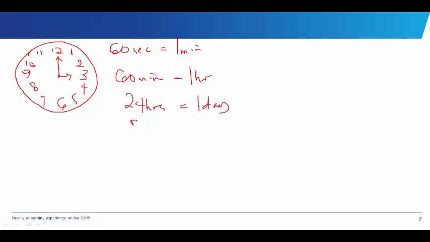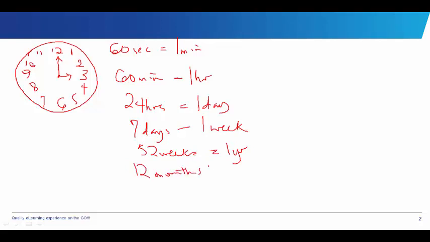So we'll now have that 7 days make 1 week, and 52 weeks will give us 1 year, and 12 months will give us also 1 year. Sorry, I forgot to mention that 4 weeks will give us 1 month.